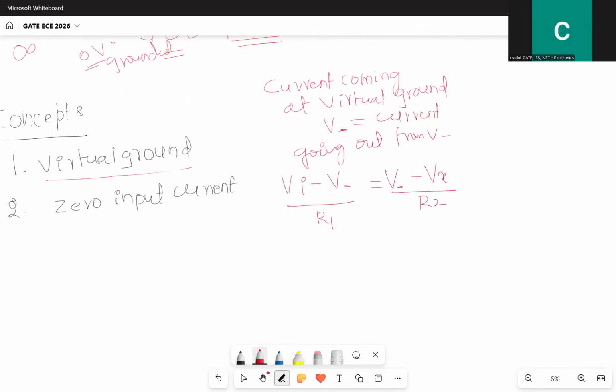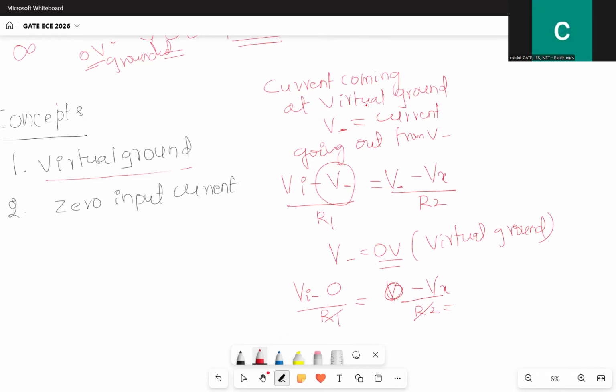So we know V minus is 0 volt, right? Virtual ground concept. So substituting Vi, or V1, whatever you want to call it, minus 0 by R1 is equal to 0 minus Vx by R2.